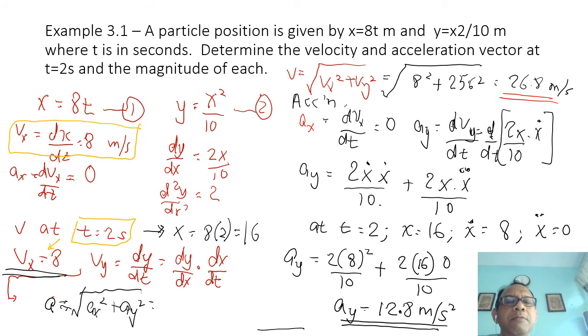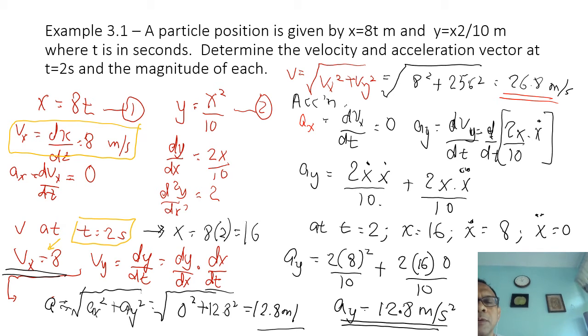Ax is 0. So it is 0 squared plus 12.8 squared, so the magnitude is 12.8 meters per second squared. So you find the vector ax, ay. It's just a matter of adding the unit vector. You can do that on your own. Yeah. So the next one.